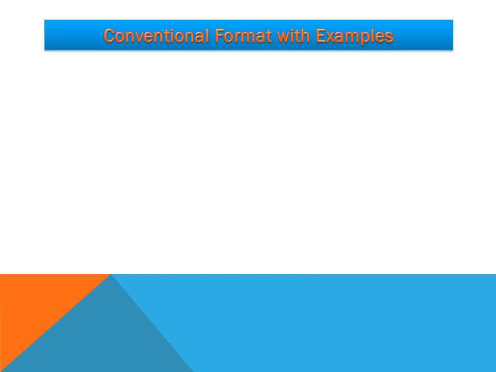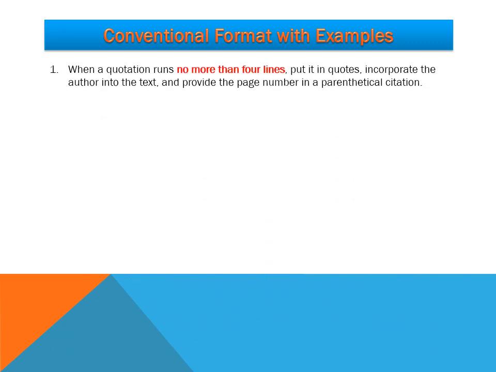First of all, this code is related to quoting. When a quote runs no more than 4 lines, we call it a short quotation. You should put it between quotation marks, and in case you have mentioned the writer of this quote in your text, there is no need to put it in the parenthetical citation.